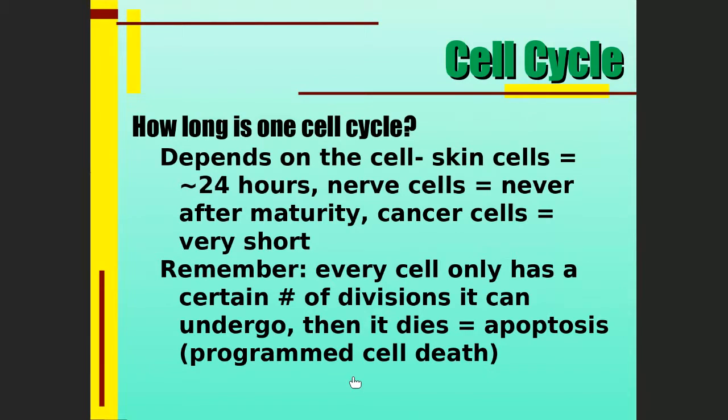It means the cell is already programmed to die after two cell divisions, or four, or eight. It depends upon the type of the cell. So you must remember that apoptosis is the process by which cells die according to their programmed death.